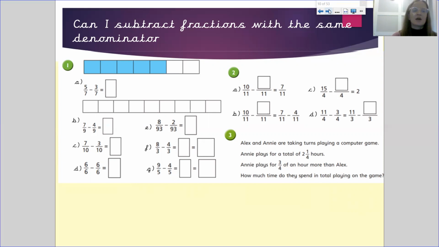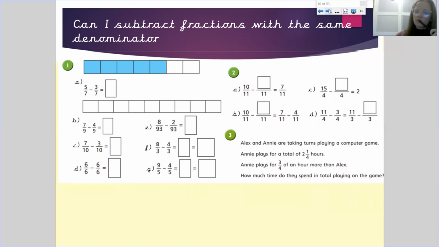Then it says 7 over 9 minus 4 over 9, 7 over 10 minus 3 over 10, 6 over 6 minus 6 over 6, 8 over 93 minus 2 over 93, 8 over 3 minus 4 over 3. And you will notice that it's actually got 2 squares there. It says 8 over 3 minus 4 over 3 gives you something which is equal to something.